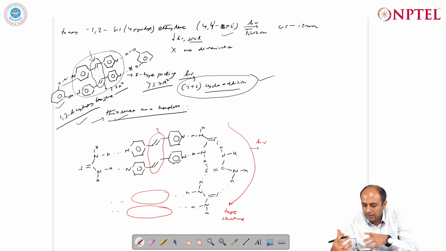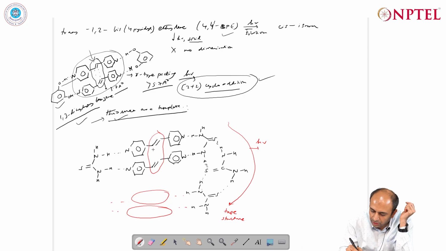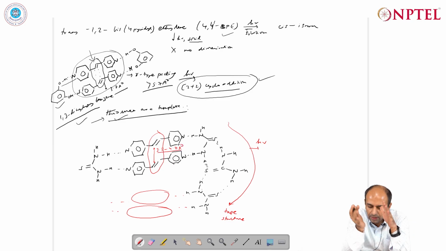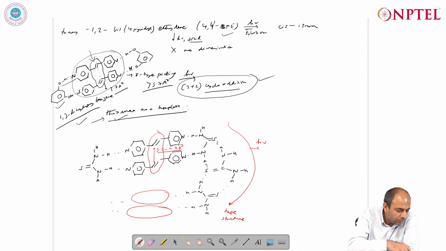So we can pre-organize these reactant materials into suitable geometrical orientations such that the dimerization can take place in a facile way. The double bonds are now in close proximity. The separation is between 3.5 to 4 angstrom. The desired distance is achieved, and hence dimerization proceeds.